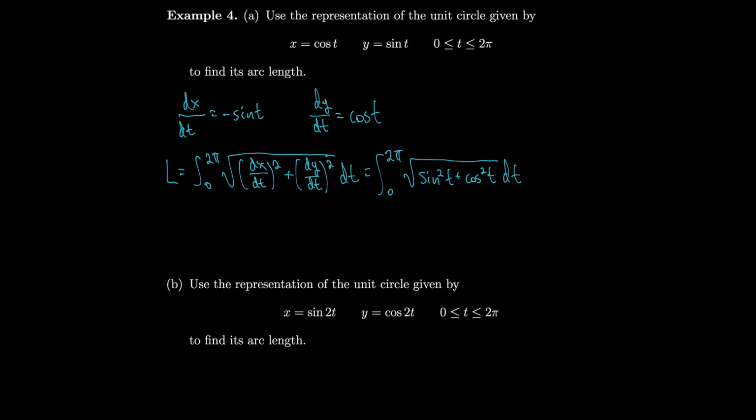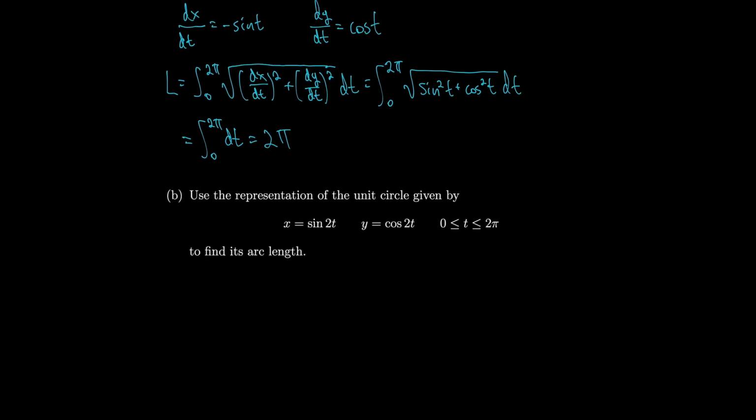And so sine squared plus cosine squared is 1, so that's the square root of 1, which is just 1, so this is the integral from 0 to 2 pi of dt, which is just 1 times b minus a, so that's 1 times 2 pi minus 0, which is 2 pi.